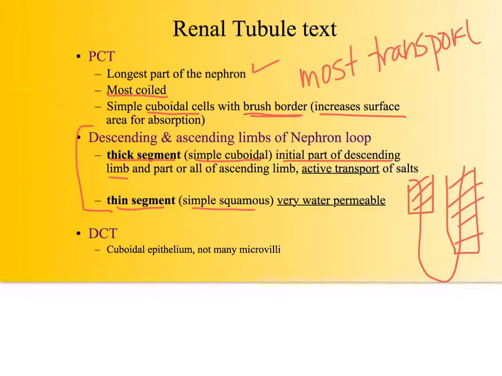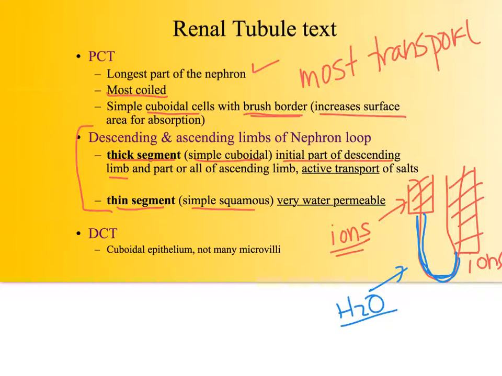It is permeable to ions, with active transport of salts. The thin is all of this, and it's permeable to water, but not salt. They do the opposite things, and it'll make sense eventually as we go on. I hope this makes sense. So thick, thin.